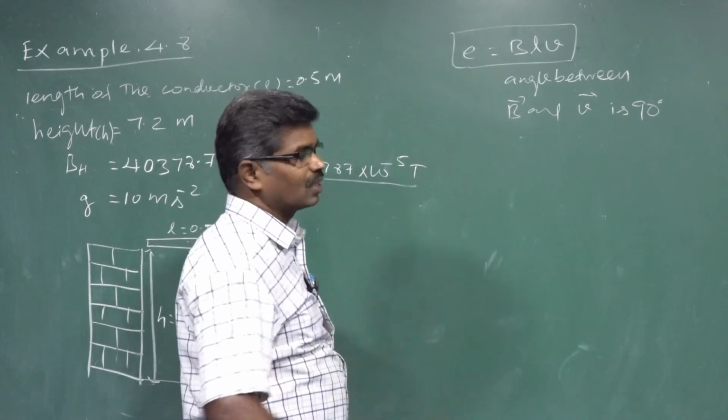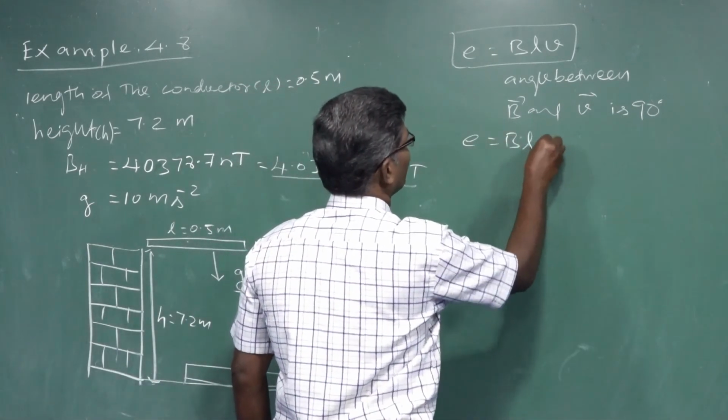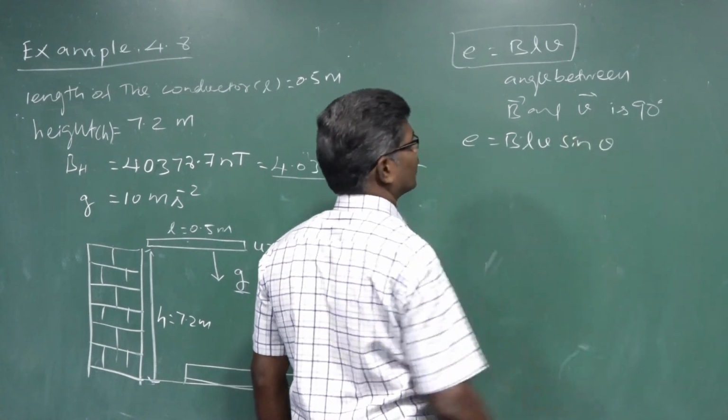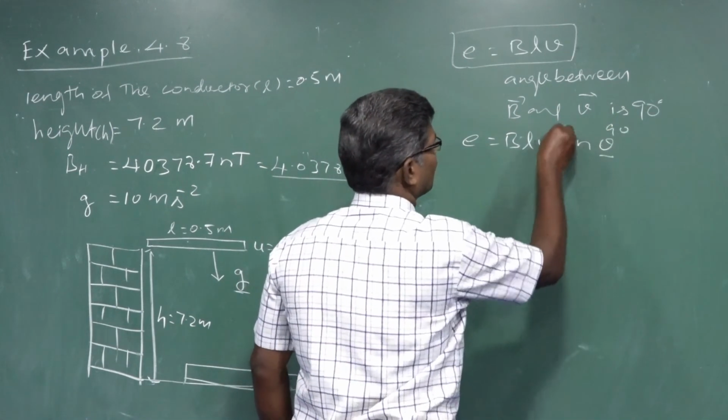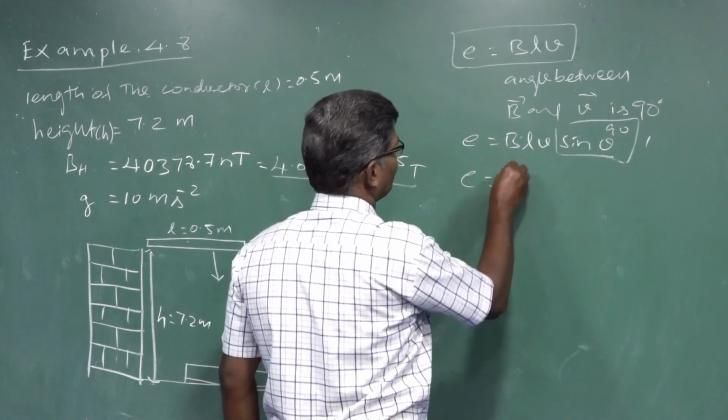If it makes any other angle, we take E is equal to BLV sin theta. If theta is 90, sin 90 becomes 1. Then only we take E is equal to BLV.